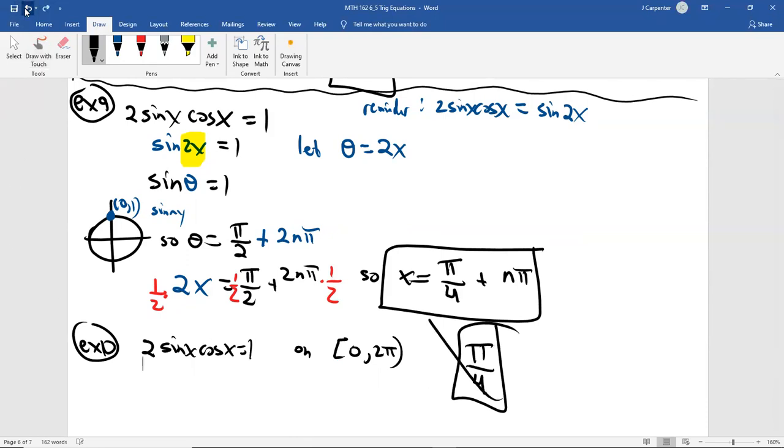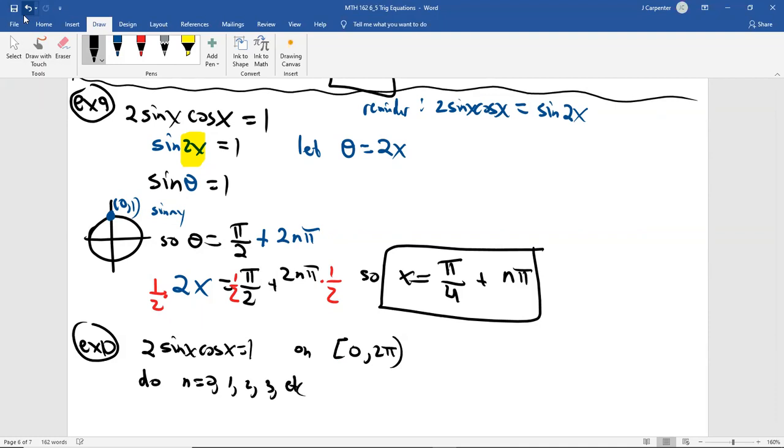Whenever you have these problems where there is a number that ends up inside of a trig function, this is worst case scenario in my opinion, because you have to add the 2n pi at the right time, and you have to remember that you can't just cut that out for the boundedness. You actually have to go through the n equals 0, 1, 2, etc. cases, until you get to a solution that's too big.